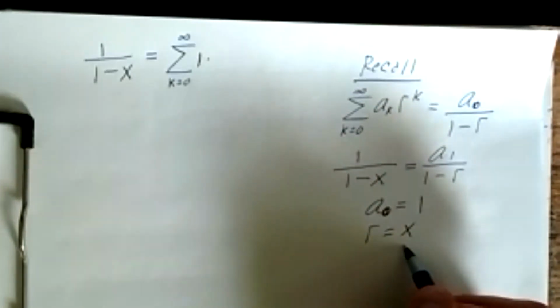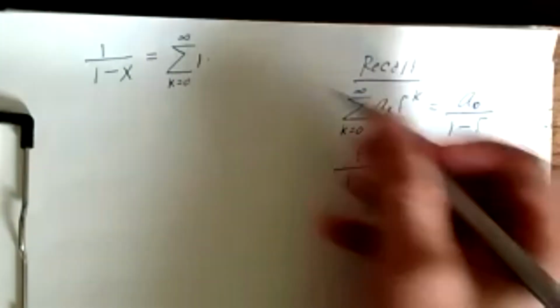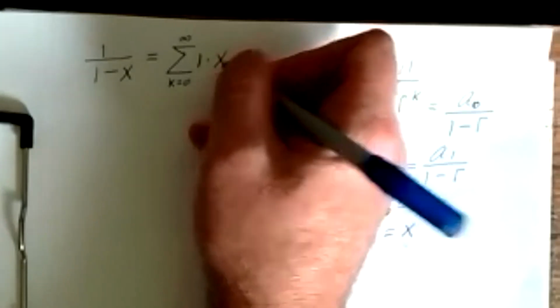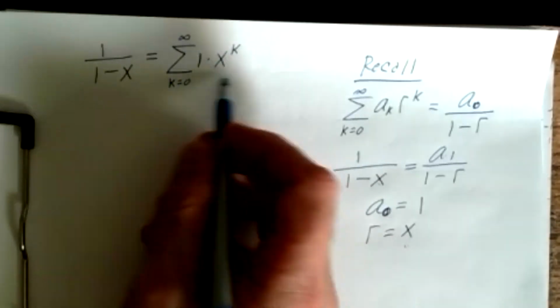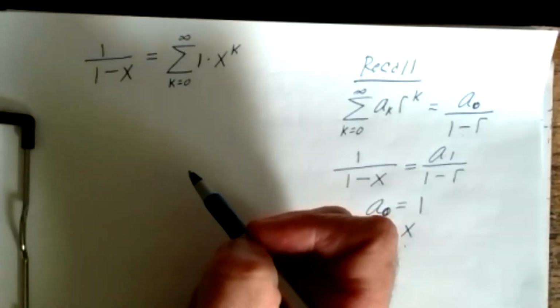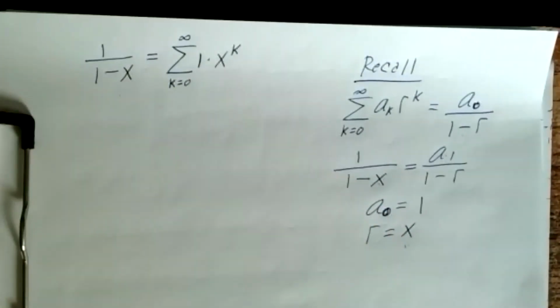X, right? So we put x in for r here, the common ratio. So we have x to the k power. And there you go. This would be the power series expansion for 1 over 1 minus x. That would be it.